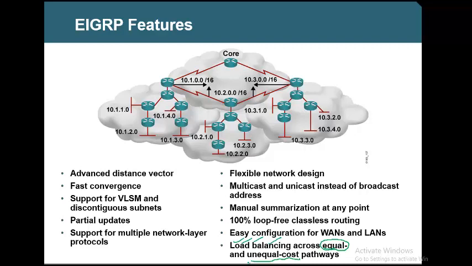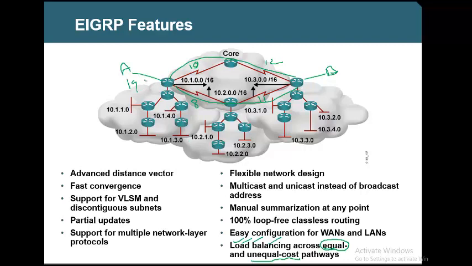If I have two paths from A to B, I can go this way, I can go this way. If the cost here is 10 and 12, and if the cost here is 11 and 8, going via the bottom path is 19.